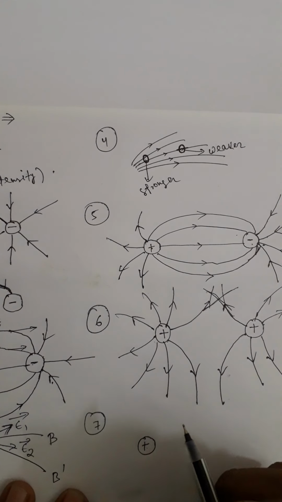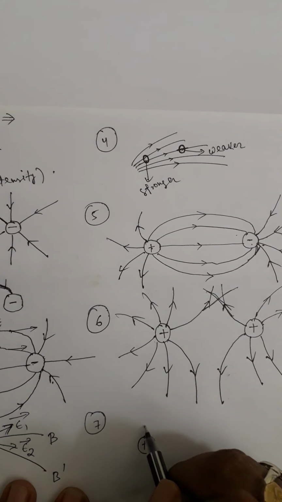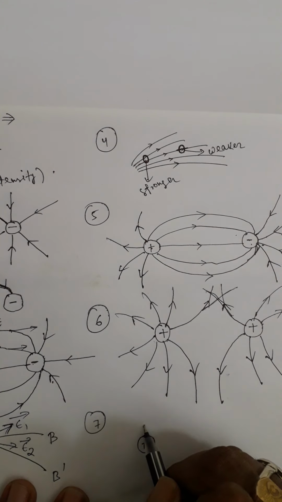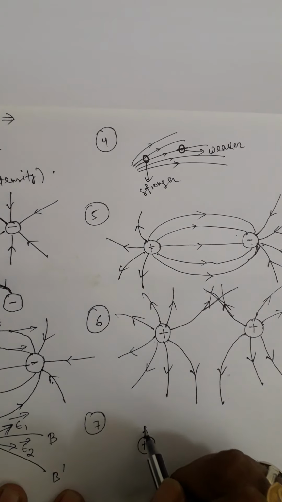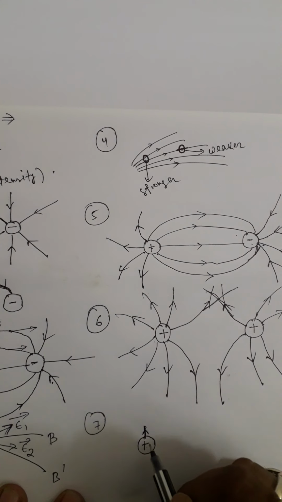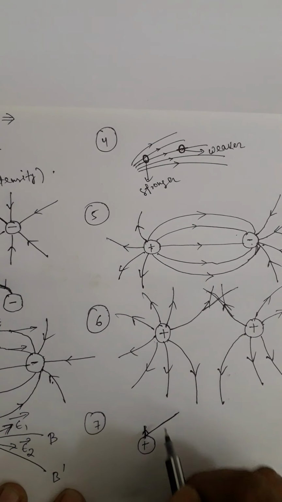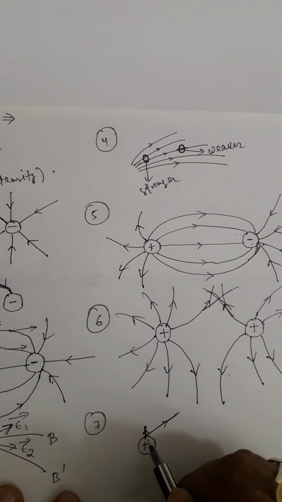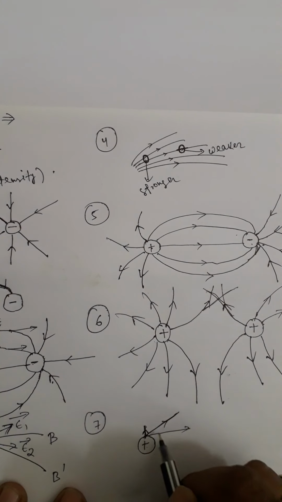The next property is electric field lines are always at right angle to the surface. If these field lines are not at right angle to the surface, then it should make some angle with the surface. Suppose this is the direction and it is making an angle theta with the surface.